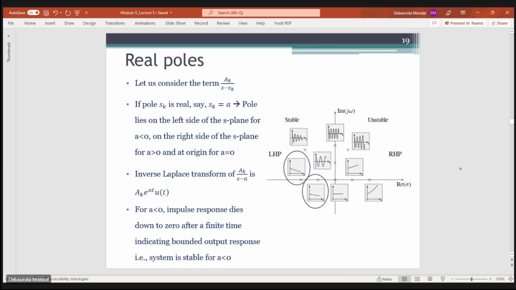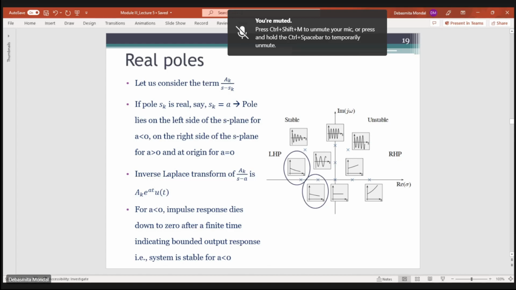If sk is a real value, let's say sk equals a. If a is less than 0, the pole will lie on the left half of the S-plane. If a is greater than 0, the pole will lie on the right half of the S-plane, and if a equals 0, the pole will lie at the origin.